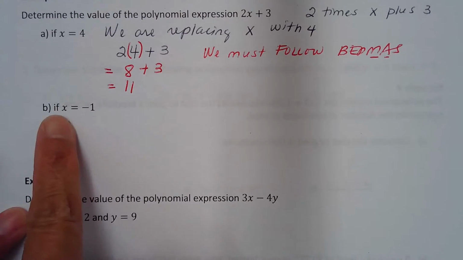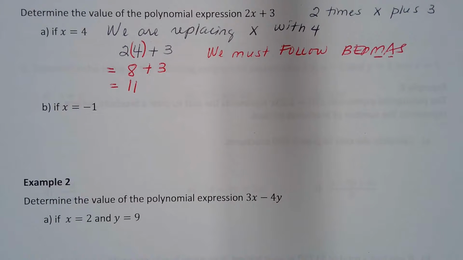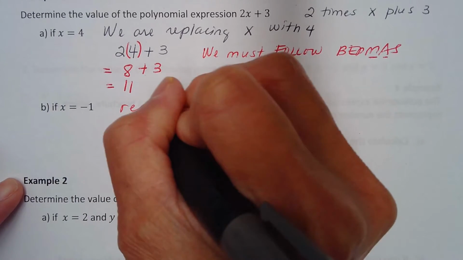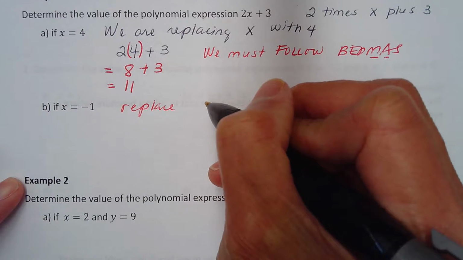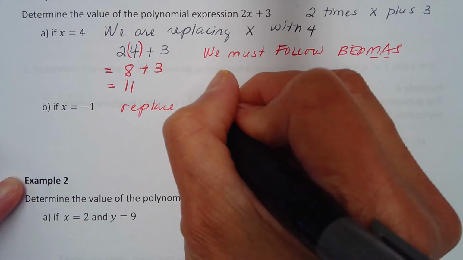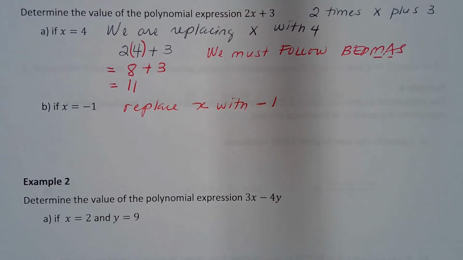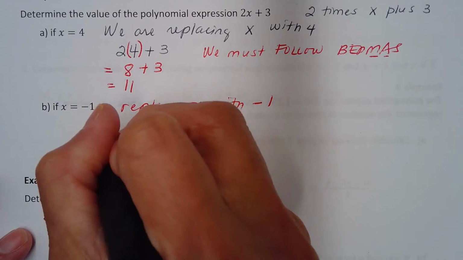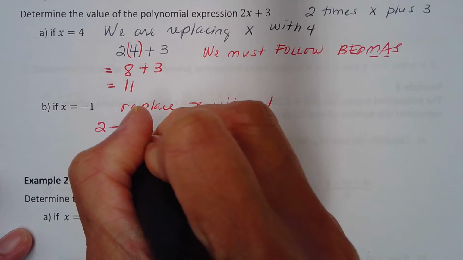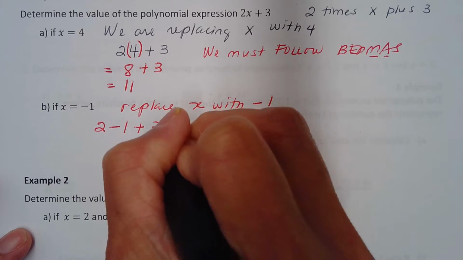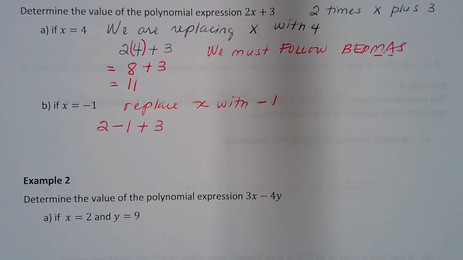Now let's do letter B. What are we trying to do? If x is equal to negative 1, what are we going to replace? We're going to substitute. That's what it means by substitute. We're going to replace x with negative 1. So let's go ahead and replace the x with negative 1. Can I do that? No. Can I do that?